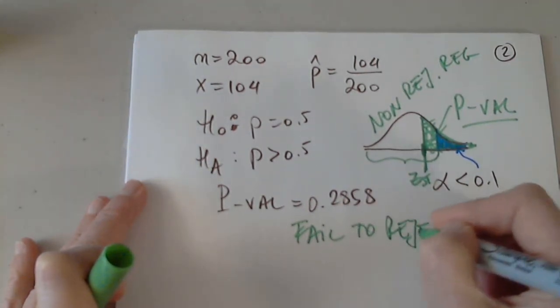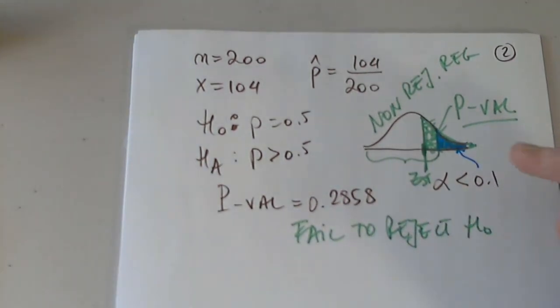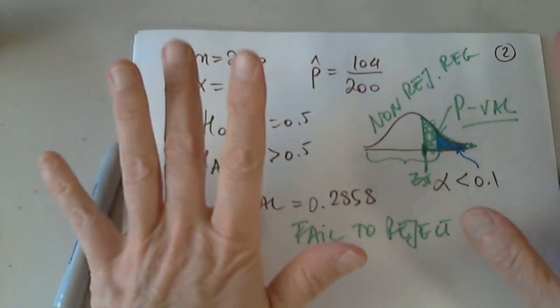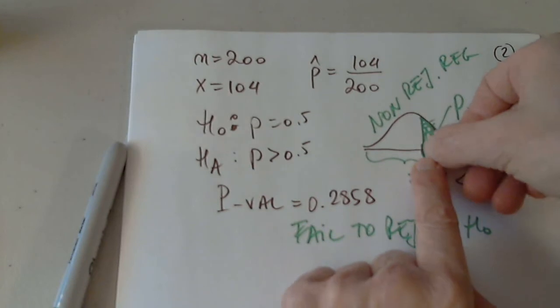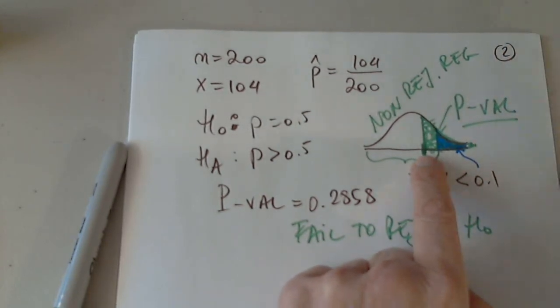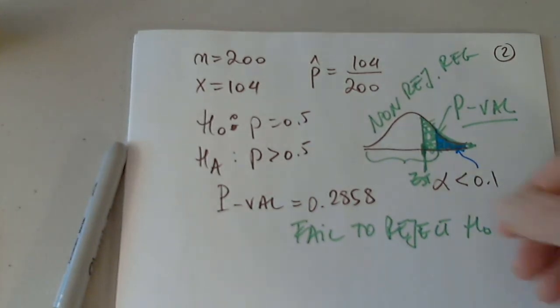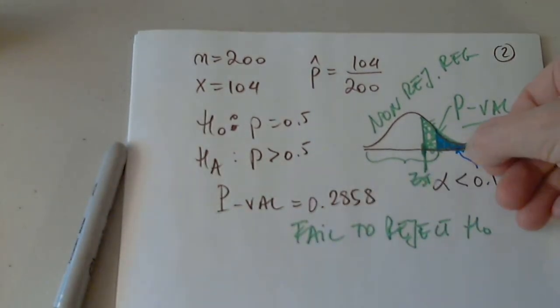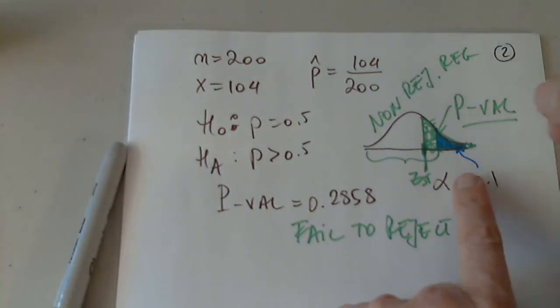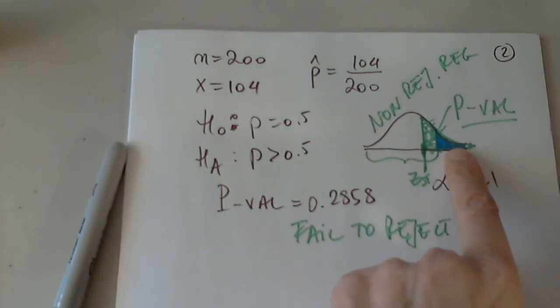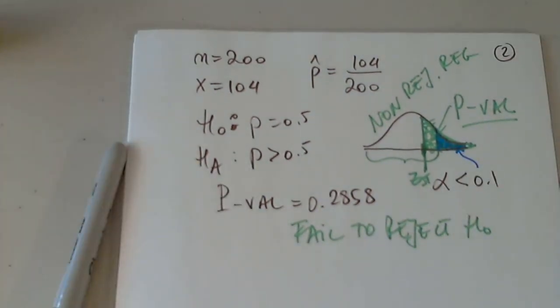What does this mean? It means that the probability of getting a z statistic here or more is not unlikely. If the z statistic were here, and the p-value were this tiny piece here, I would have said the probability of getting this or more is very unlikely.